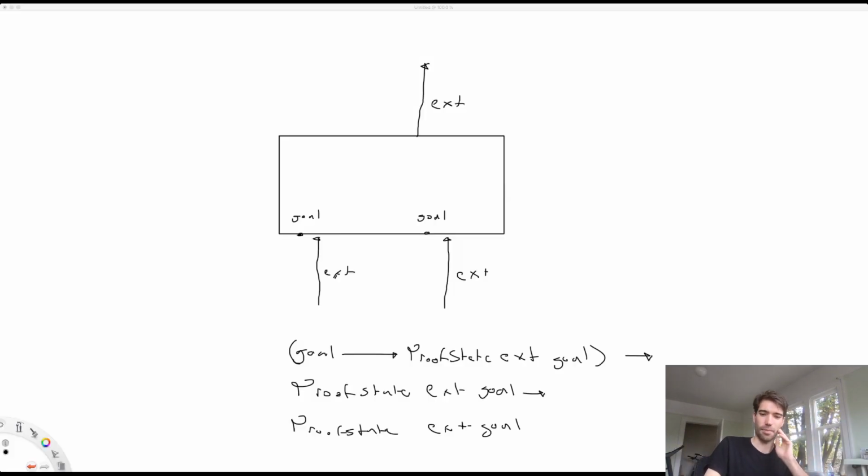So again, back to the diagram, it composes along the sub-goals. So when you do a bind, it takes one proof state and a function that produces a proof state and glues that onto every single one of the sub-goals. So composition is like sequencing, but applying the second one to every single one of the sub-goals.